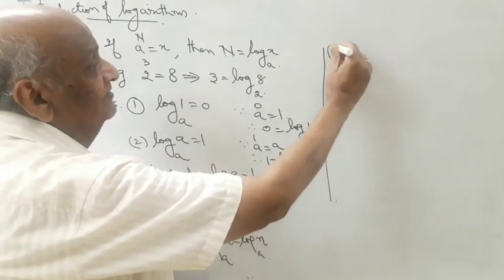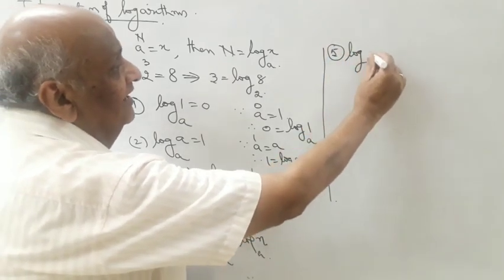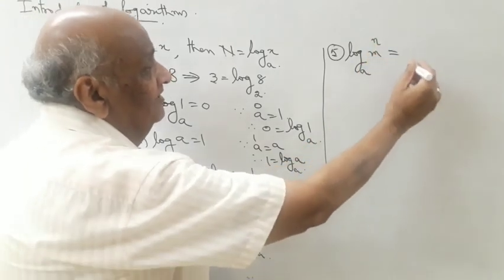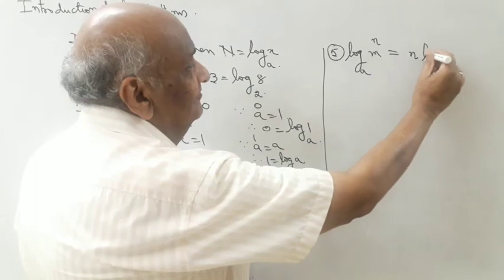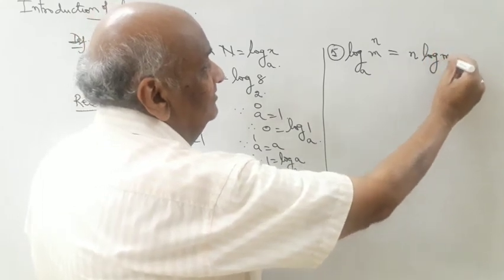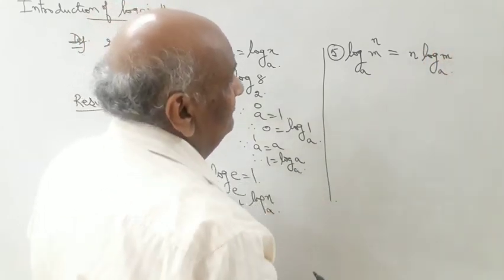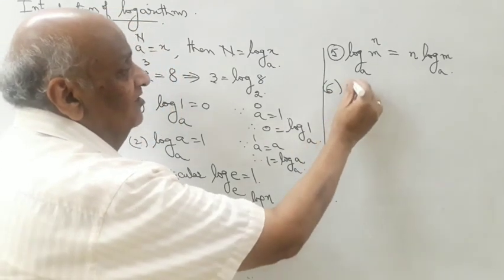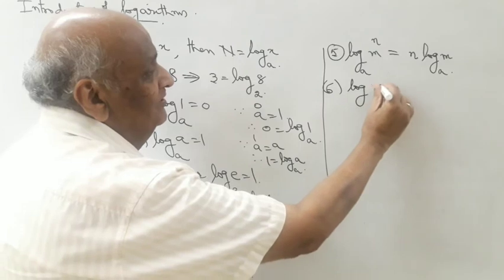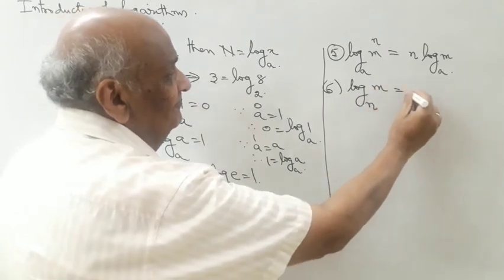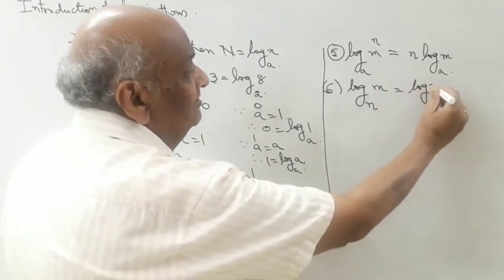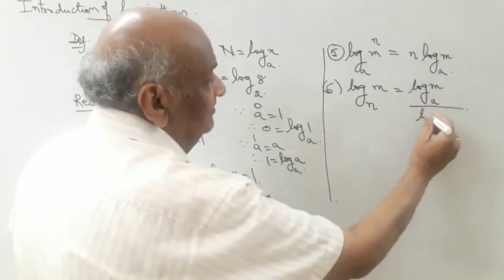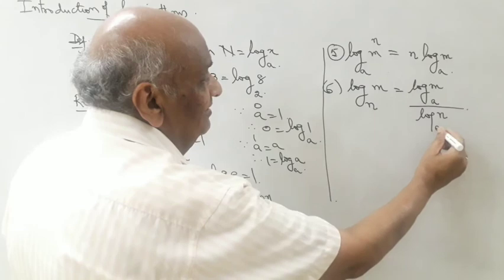The fifth is log of m to the power n to the base a. Therefore, as I have written, it is n log of m to the base a. Please check out. And then you have the base changing formula, that is log of m to the base n is log of m to some different base a upon log of n to the base a.